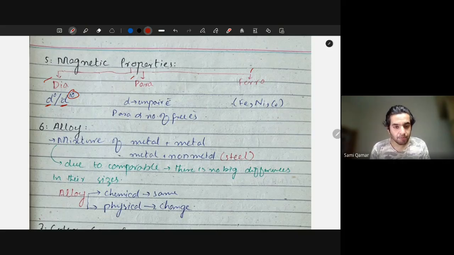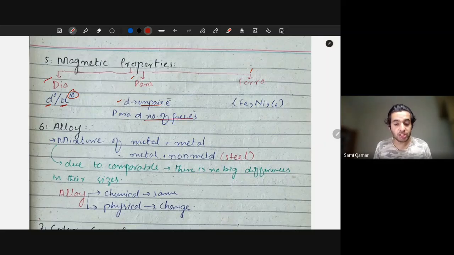Okay, paramagnetic. Paramagnetic means that in a magnetic field, they will be attracted. Now remember this: when the magnetic field is removed, the attraction will be removed. Those elements which have unpaired electrons in the d subshell will be paramagnetic.